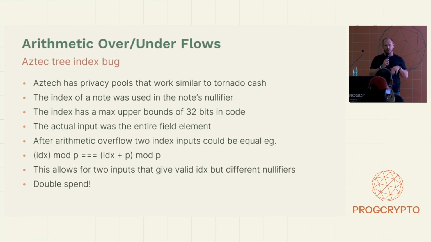So technically when you're proving, if you made a malicious prover, you could just do 32 bits plus F, right? And you would have a different hash output, but the proof to show that the preimage is one of the other ones would still pass. So it means you could have basically 32 bits worth of multiple nullifiers, which means a double spend. So this was like you could drain the entire privacy pool.